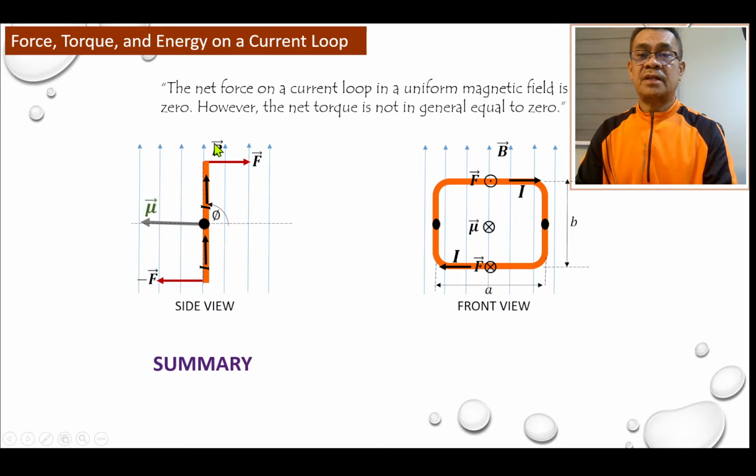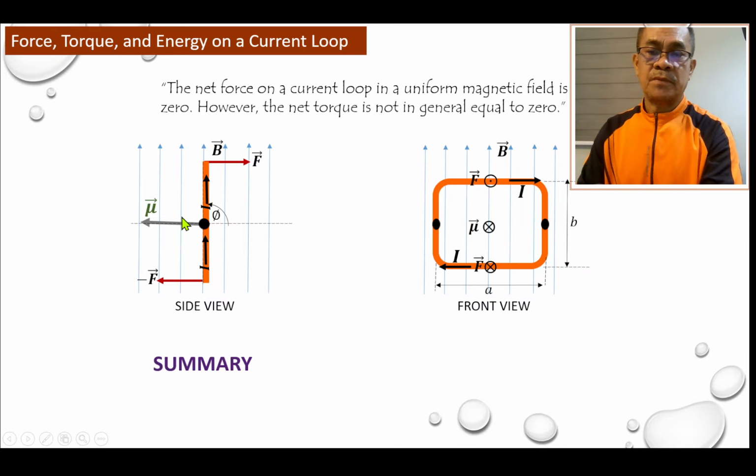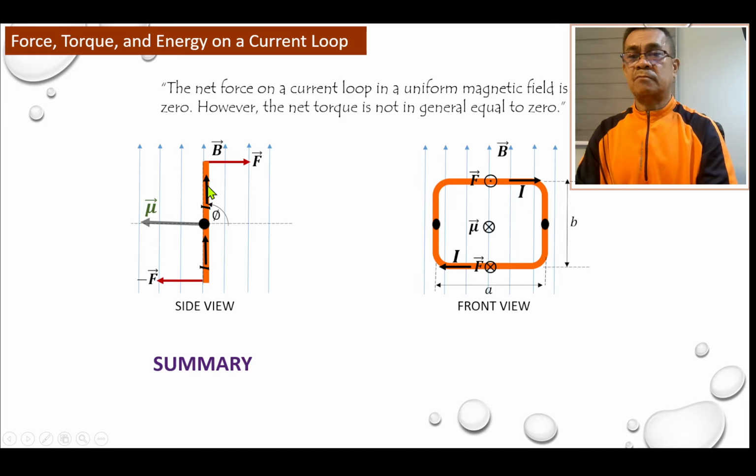Okay? The external magnetic field is given in the problem, so nothing to worry. And always remember that the torque will depend on the direction of mu and the magnetic field. The angle between them means we have the torque. Now, if this mu is directed in the same direction as the magnetic field, then torque is zero.